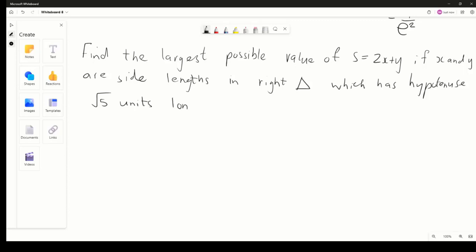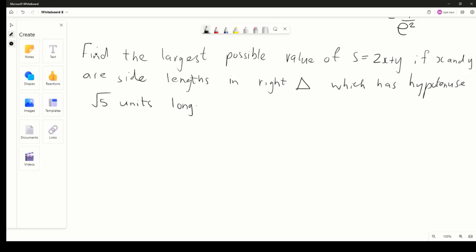So we have to find the largest possible value for that function s, a function of x and y, okay? Right, so let's do that quickly and see if we can find a solution there, okay?